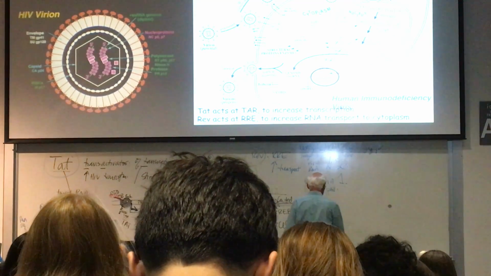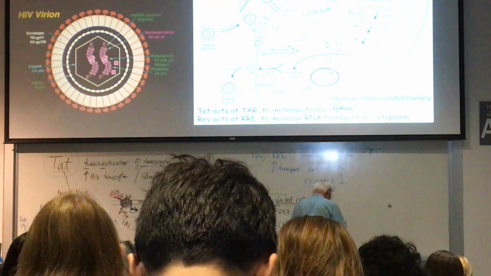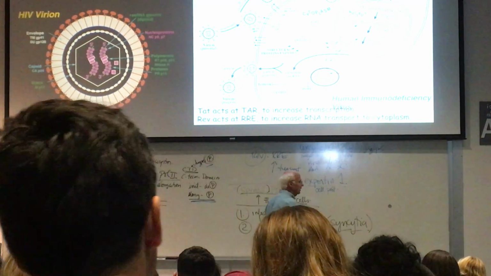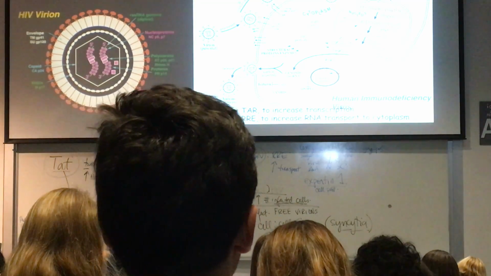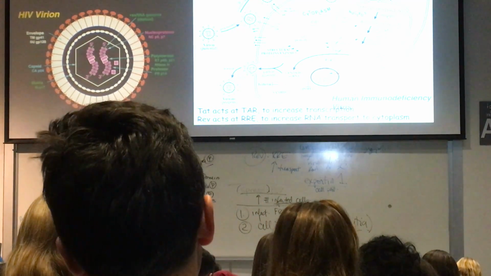So with cell-to-cell fusion, you get in infections what are called syncytia, which basically are multinuclear masses of cells because you've had a fusion of one cell with the next.